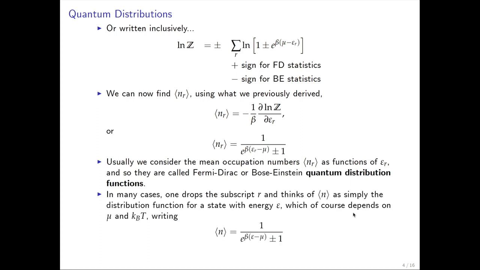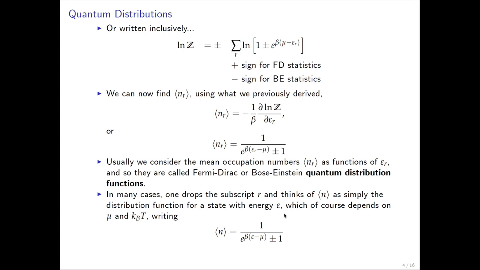And you'll see a lot, and I'll do this as well, in many cases we'll just drop the subscript r and think of this mean occupation number as the distribution function for a state with energy epsilon.